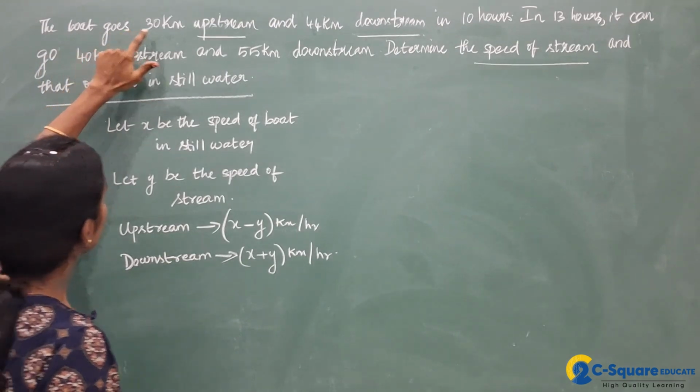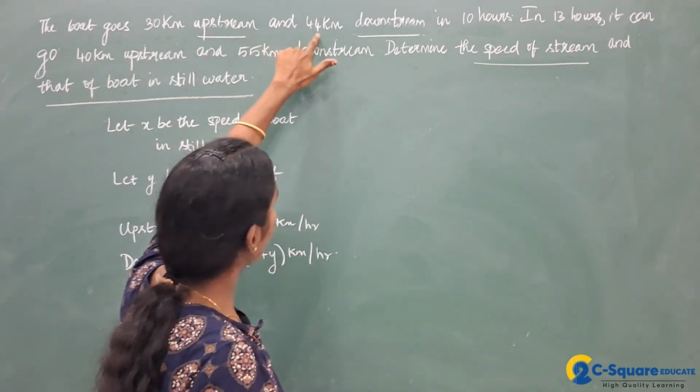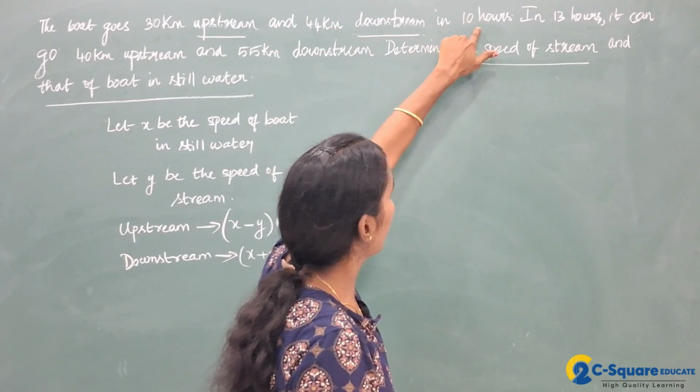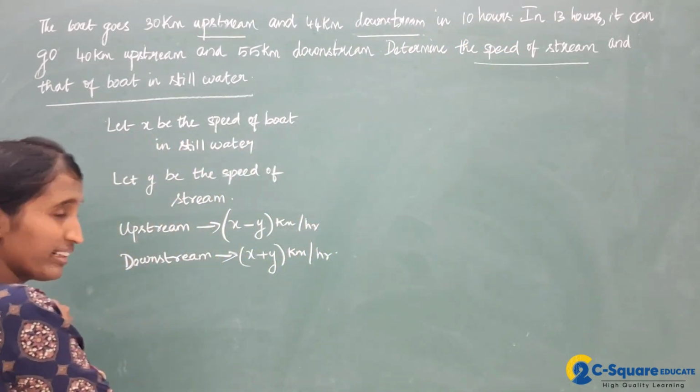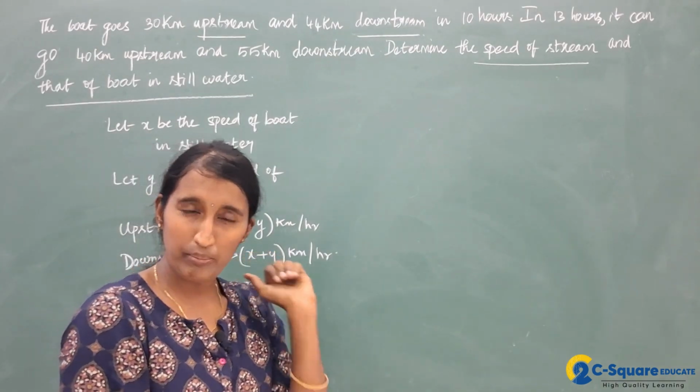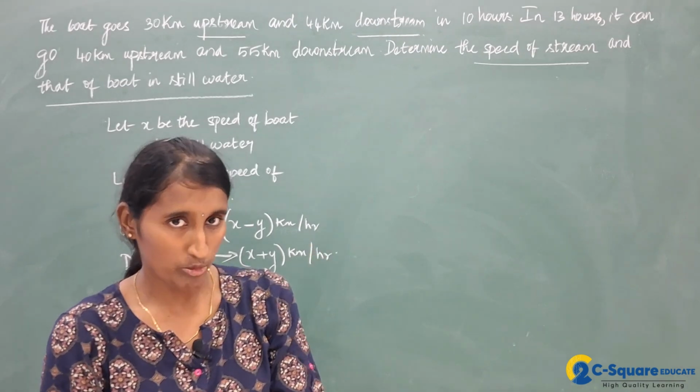The boat goes 30 km upstream and 44 km downstream in 10 hours. What is the first statement? The boat is traveling sometime in upstream and sometime in downstream.